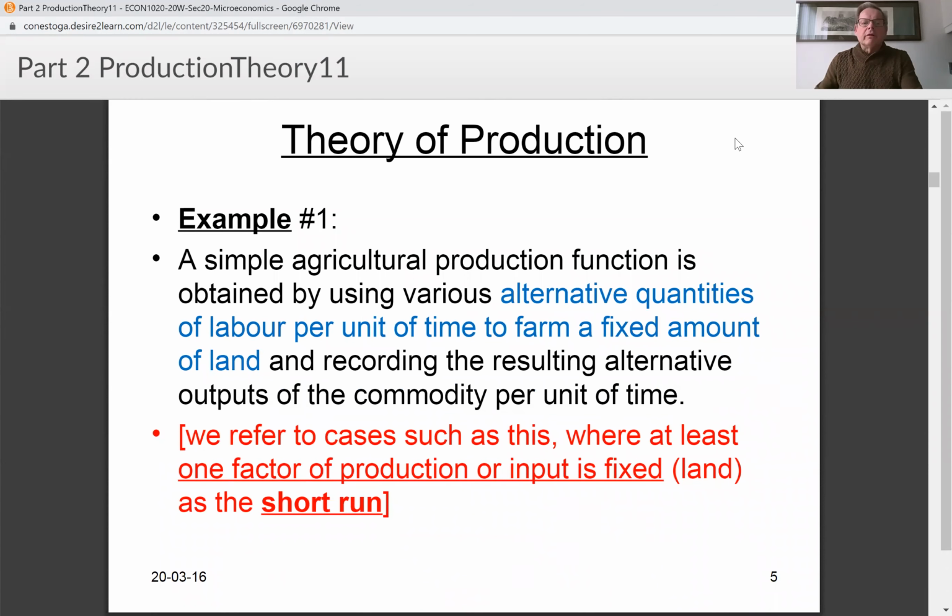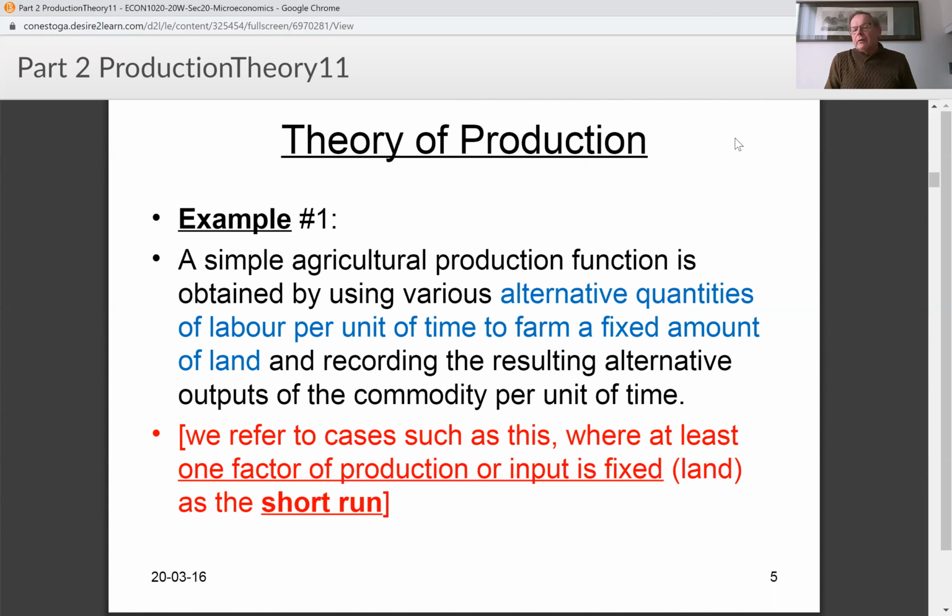So a simple agricultural production function is obtained by using the alternative quantities of labor per unit of time to farm a fixed amount of land and recording the resulting alternative outputs of the commodities per unit of time. Please highlight what is in red, and this is extremely important that we are referring to, in this case, that we're using at least one factor of production or input that is fixed.